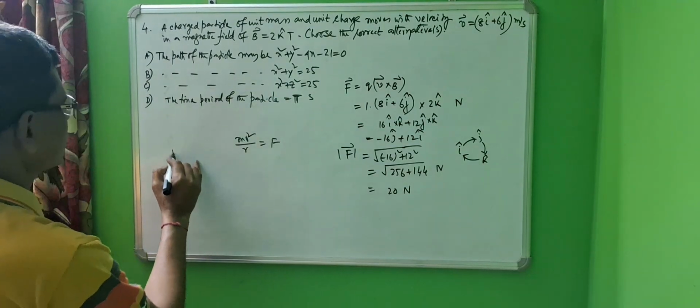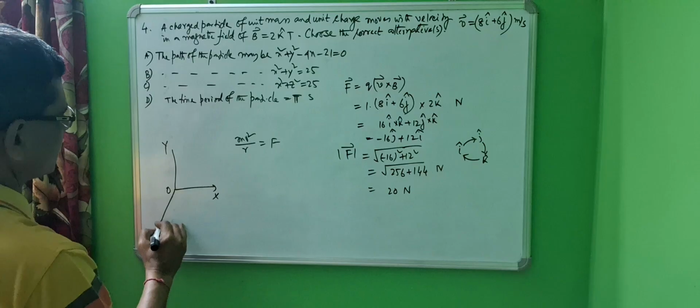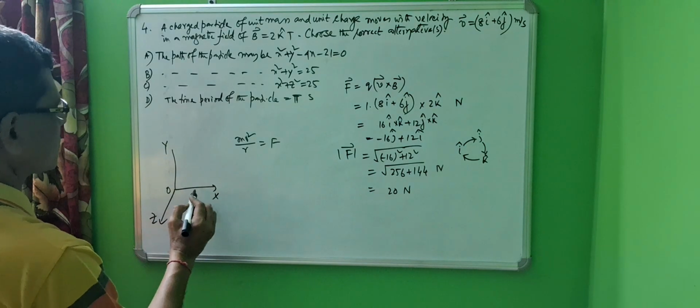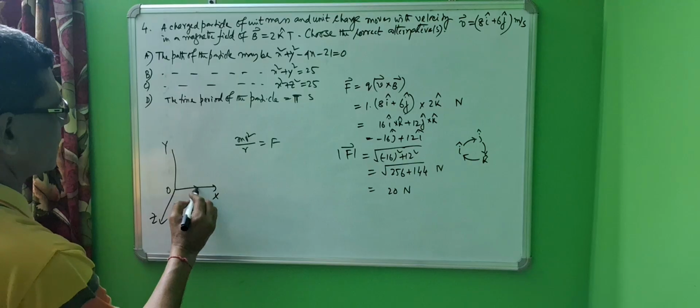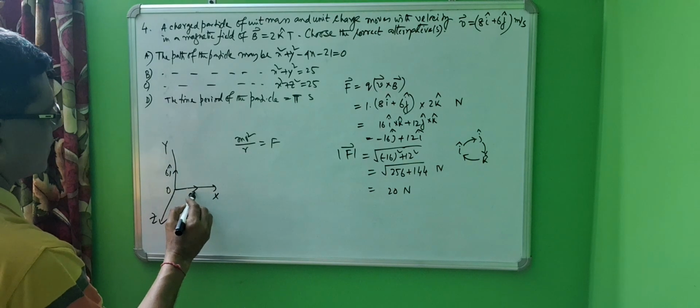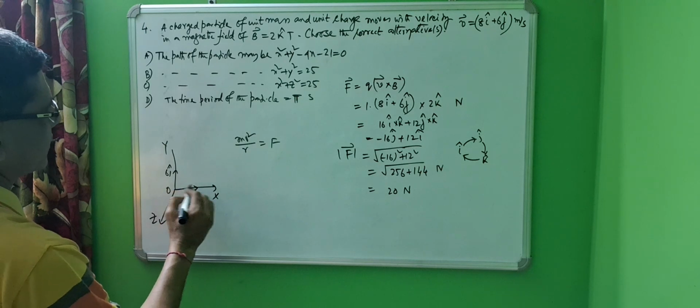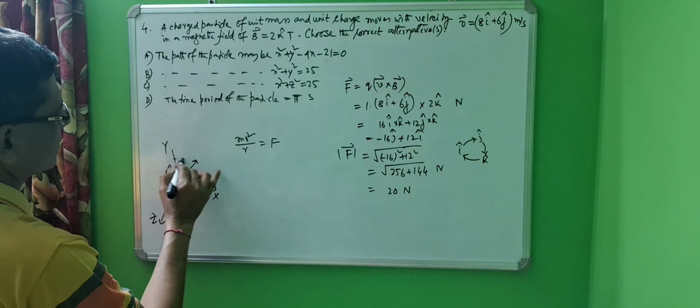Because here is the x axis, here is the y axis. Suppose that this one is the z axis. So here the vector v is present, 8i plus 6j.